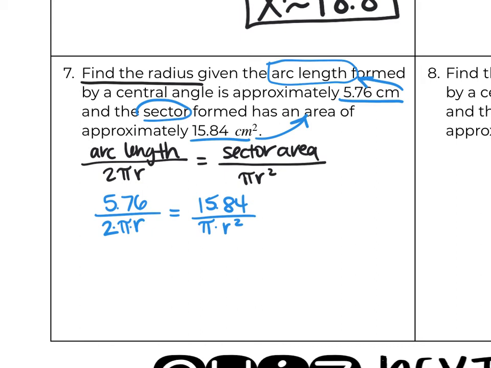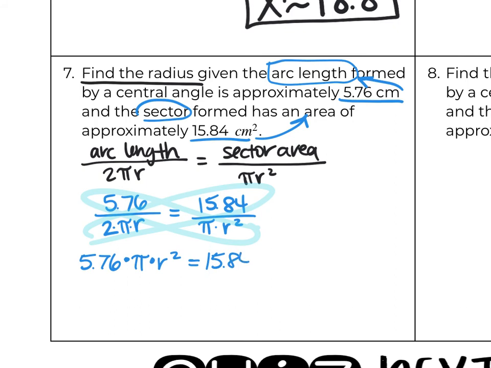So now we're going to go ahead and cross multiply. I do not want you to multiply out pi in this situation. Instead of actually multiplying it out, I'm just going to stick everything together like I would be multiplying it. So 5.76 times pi times r squared, that was this side, equals 15.84.